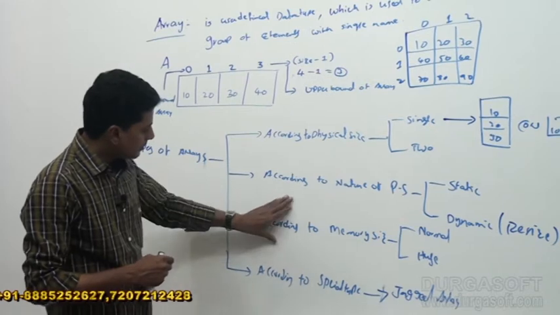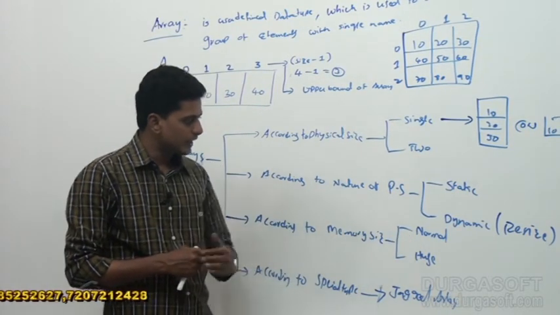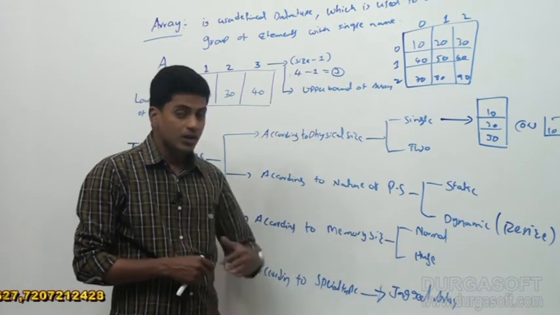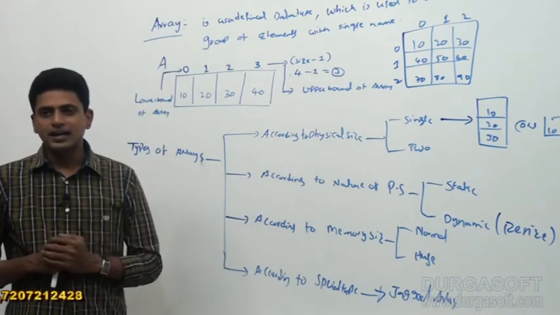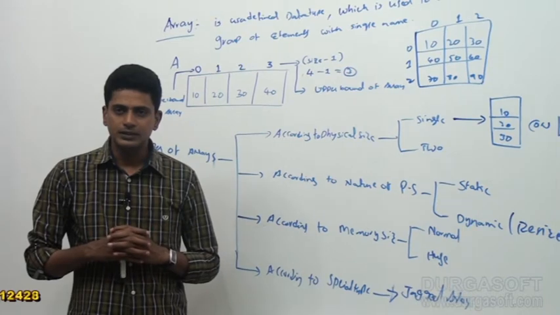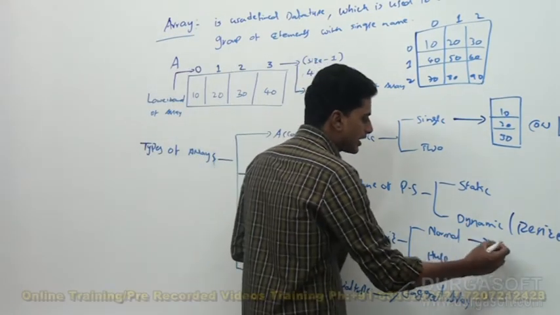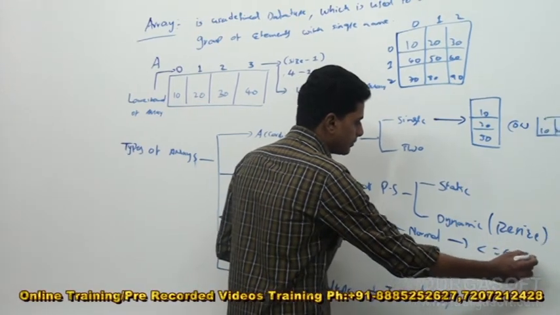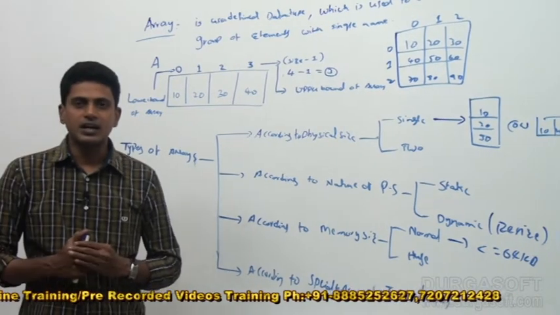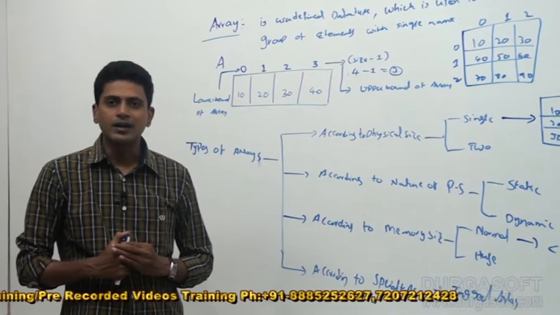In terms of memory, according to memory size, arrays can be of two categories: normal array and huge array. So what is a normal array? Any array created by the programmer that occupies less than or equal to 64 KB of memory is called a normal array.